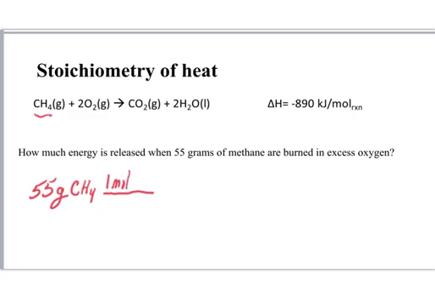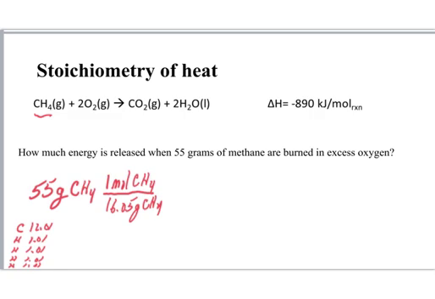So for every 1 mole of CH4, if I take carbon and 4 hydrogens, so this is 12.01, 1.01, 1.01, 1.01, and 1.01. Add them all up, I'm going to get 16.05 grams of methane.